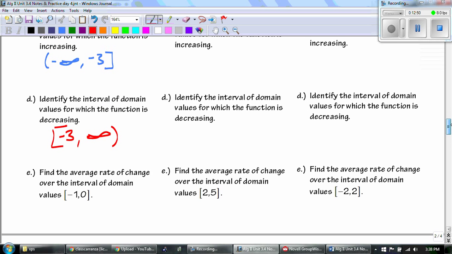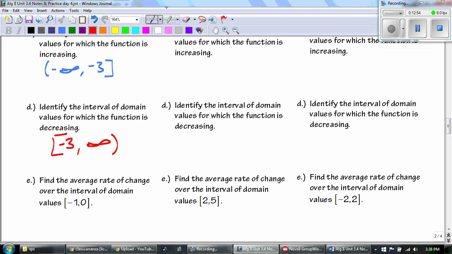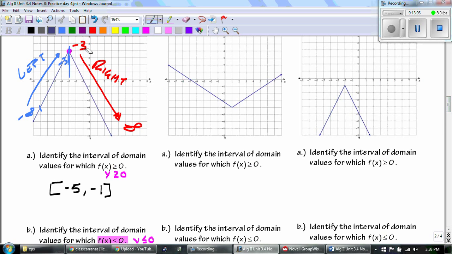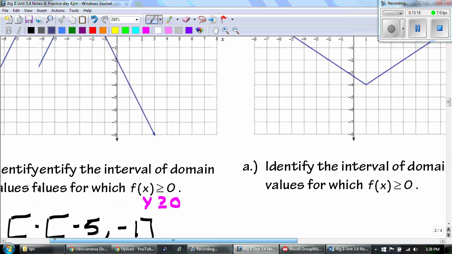Okay, and now we have to find the average rate of change over the interval -1, 0. Just remember, guys, that these are our x values. I'm going to erase all this stuff again. I know, it's a lot of stuff, guys. I'm not arguing with you for that.